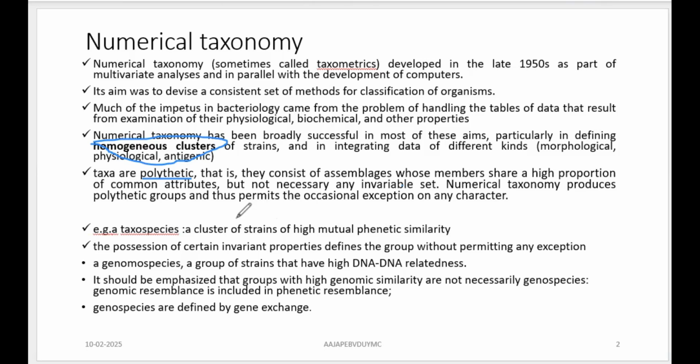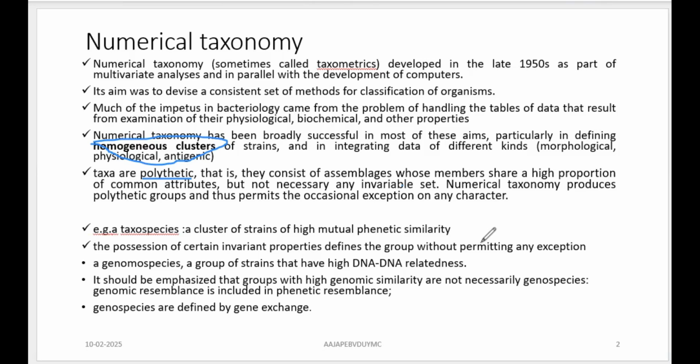All right, so here you are going to compare certain invariant properties, and invariant properties mean they are not going to change, they are constant, which are going to define the group without permitting any exception. So all are going to have that particular characteristic, and it is demonstrated by each organism in that particular group.